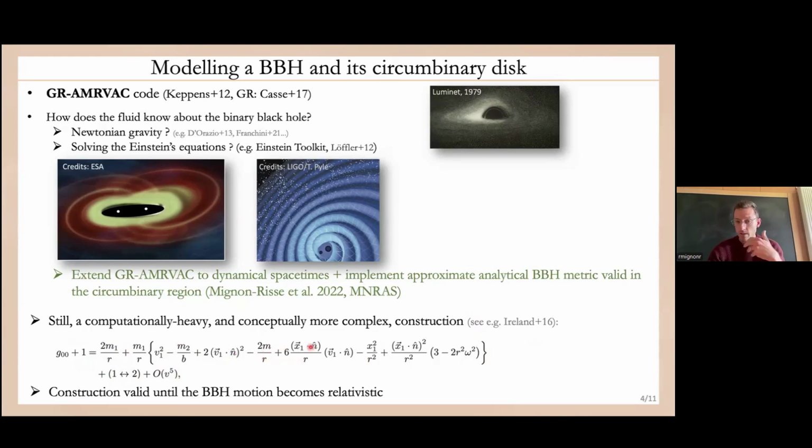But despite this complexity, it's still much, much cheaper than solving the Einstein's equation. So that's the method we will choose. And our only restriction is that we can only focus on the circumbinary disk so far, and we cannot model the binary as it becomes relativistic, meaning that there is some orbital separation below which we cannot model the system.